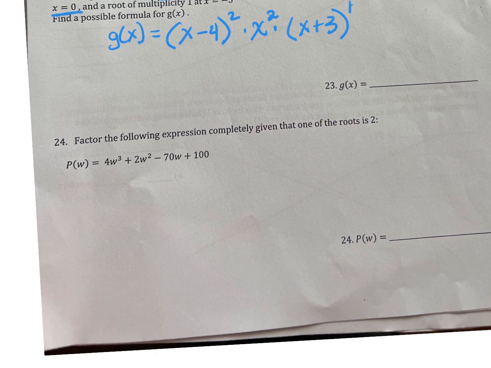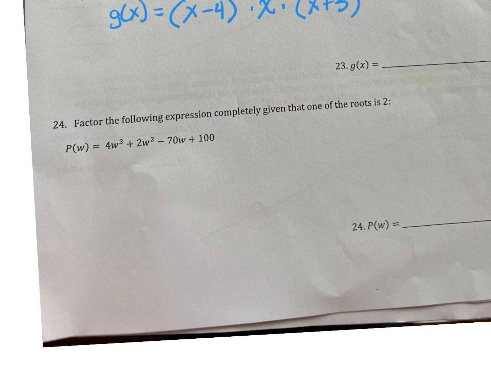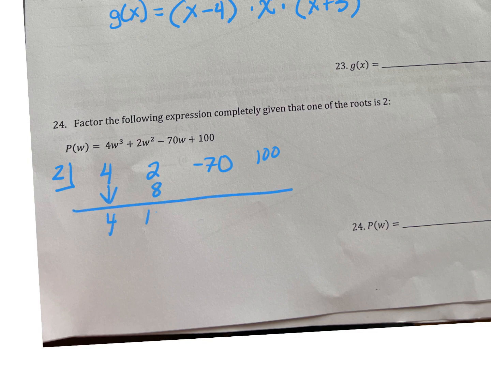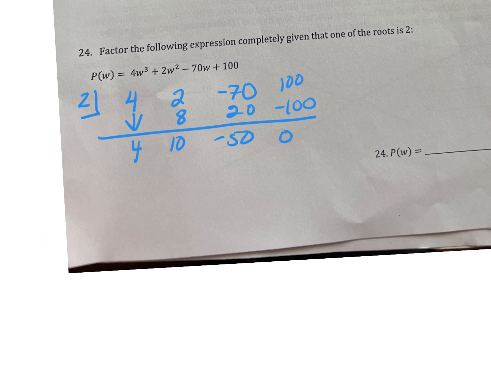All right. Back to the following, factor completely given that one of the roots is 2. 2. 4, 2, there's a 1 and a 0. 4, 8, 10, 20, -50, -100, 0.